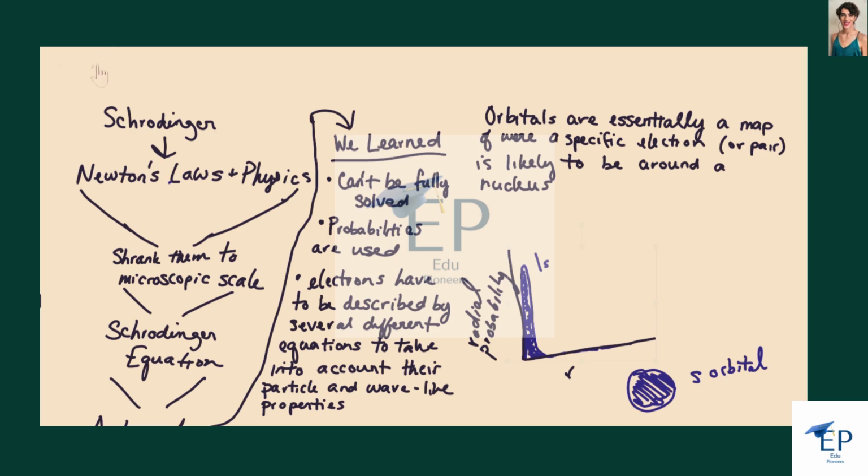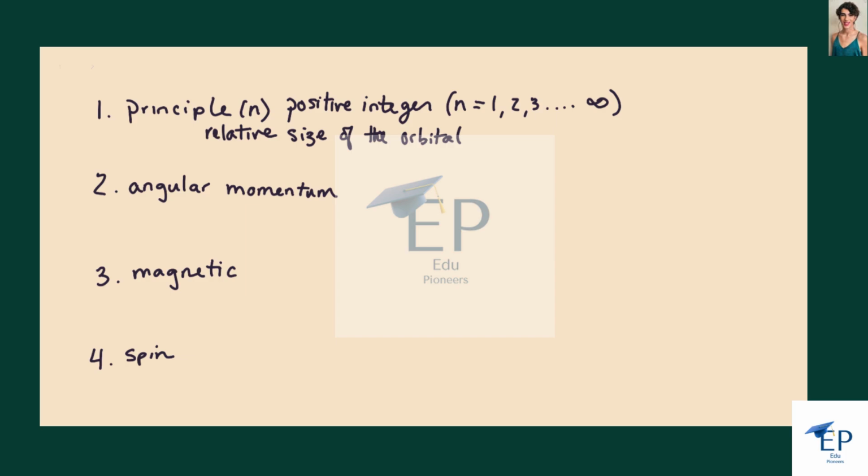And based on what we know about these types of graphs over here, we know that it's also telling us the relative distance on the radial distribution plot.